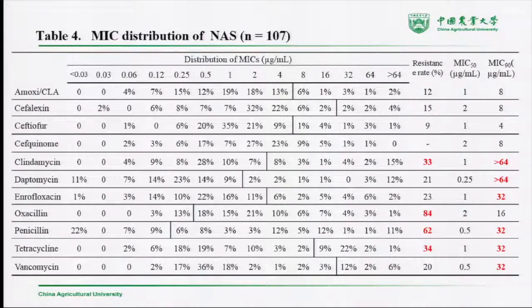And this is the MIC distribution of NAS, and the resistance rate is more severe than Staphylococcus aureus. Also, among these 11 antibiotics, resistance to oxacillin and penicillin, more than 60%, was the most common, followed by clindamycin and tetracycline. For the MIC value, the highest is clindamycin and daptomycin, more than 64, followed by enrofloxacin, penicillin, tetracycline, and vancomycin.